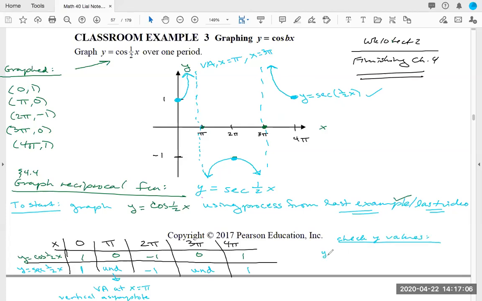If I have y equals secant 1/2 x and I let x equal 0, remember, secant 1/2 x is the same thing as 1 divided by cosine of 1/2 x.